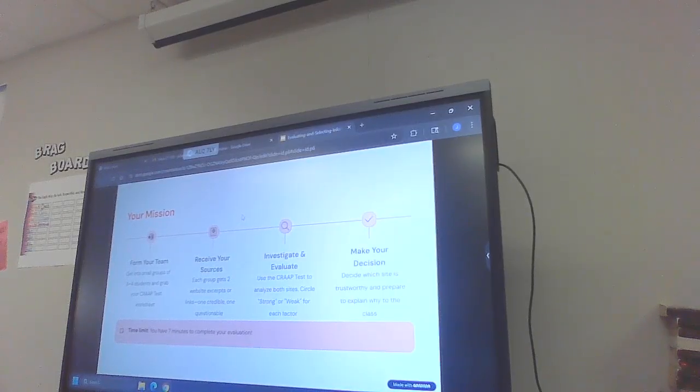Does it answer your research question? Relevance: if you were researching dinosaurs, would it be relevant to your research? Which one of the two would be more relevant? You're just checking if it's strong or weak.